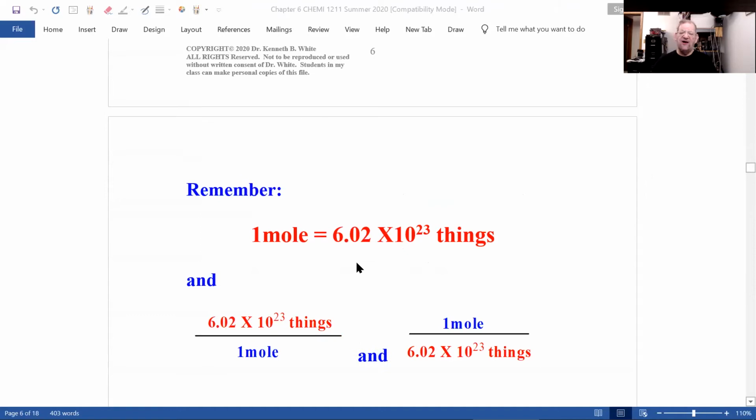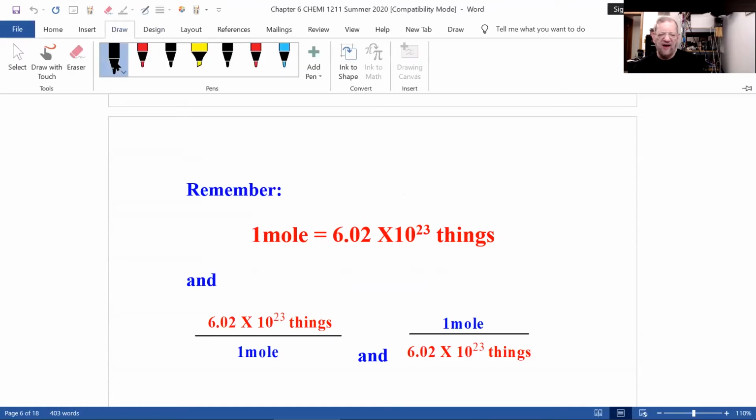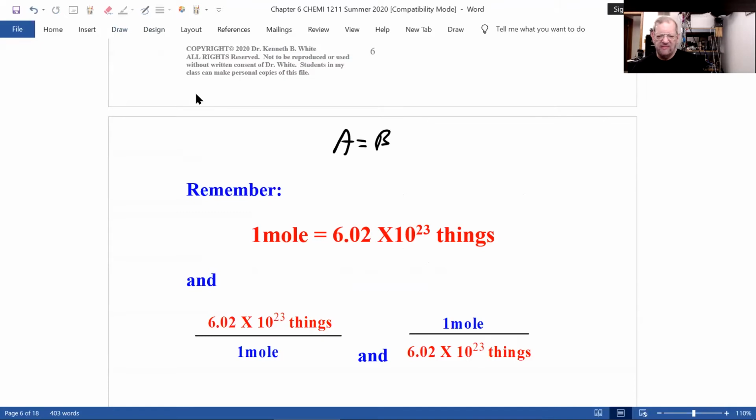Now, I taught you on Tuesday that when you have A equal B, you can have 2 ratios, A over B and B over A.